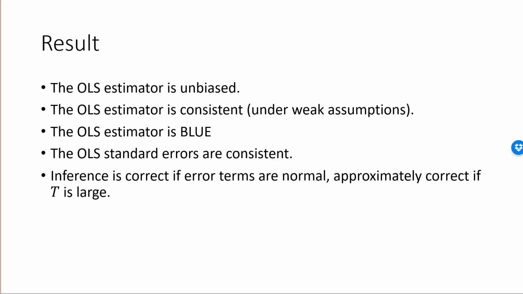So to summarize and compare with the cross-sectional data, we have exactly the same results. The only difference moving from cross-sectional data to time series data is that we need some additional assumptions, and we also need to drop this assumption of a random sample.